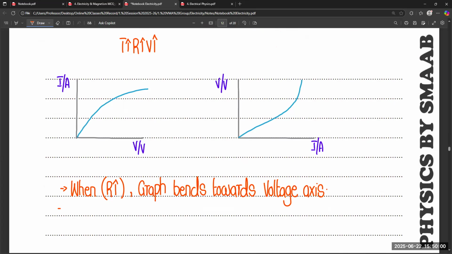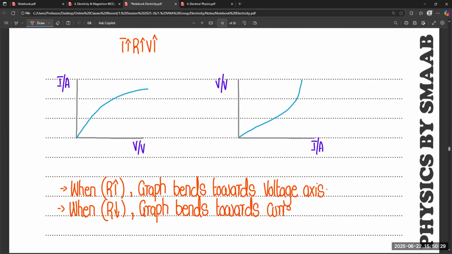But when resistance is low or when resistance decreases, so in that case, it bends towards the current axis.